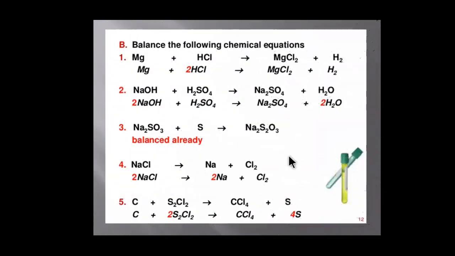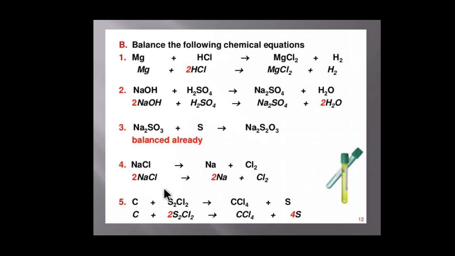And next, some other examples. Sodium hydroxide with sulfuric acid, reactant side, product side, then increasing the coefficient, the equation is balanced, and this equation is already balanced. And the fourth one, sodium chloride dissociates to give sodium and chlorine.